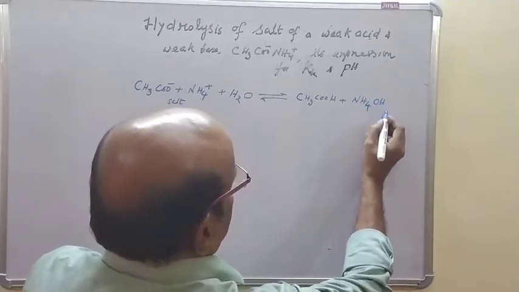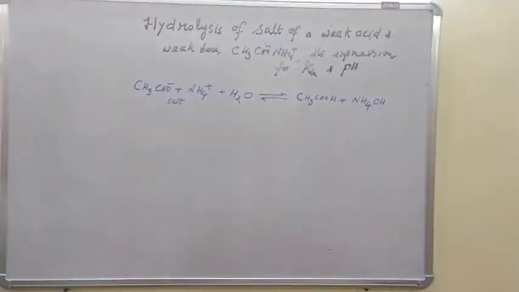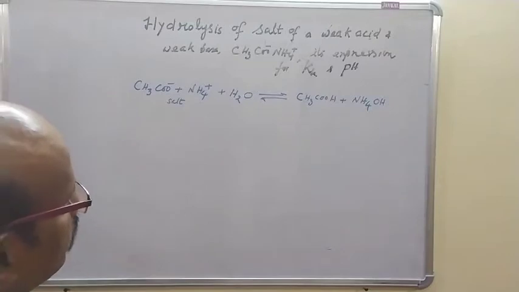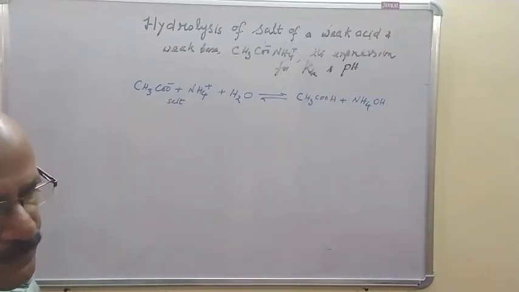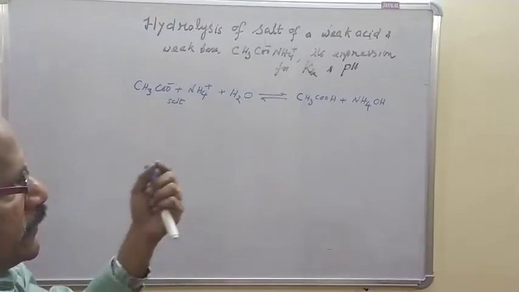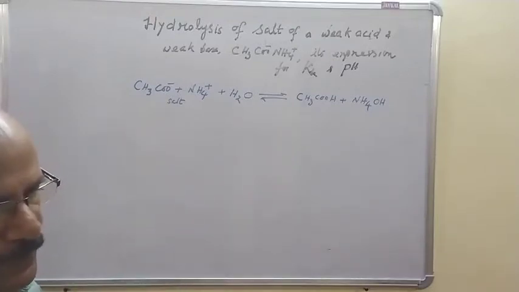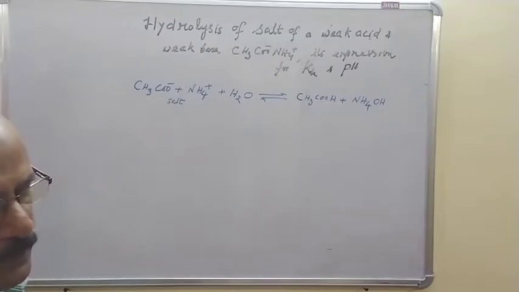So the product of hydrolysis, when the ammonium acetate salt undergoes hydrolysis in water, is a weak acid and a weak base. So the equilibrium is a weak acid and a weak base. I explained that the aqueous solution of this salt is neutral or nearly neutral.